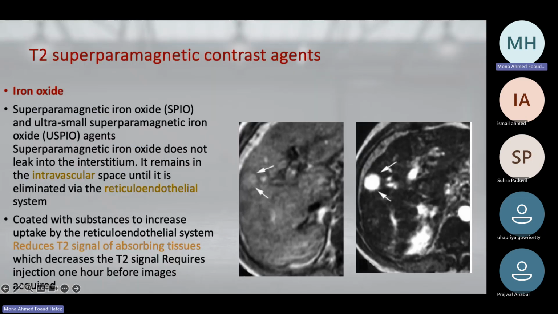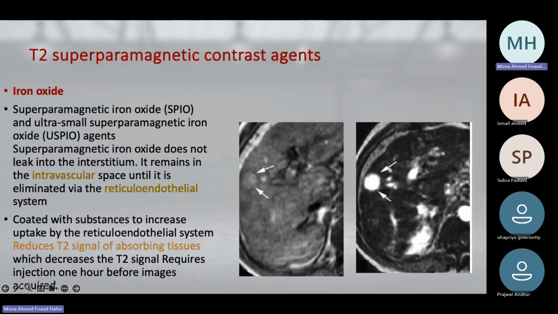The most commonly used agent in the liver for imaging, more than the hepatocellular agent, is the T2 superparamagnetic contrast. This is an iron oxide contrast, such as superparamagnetic iron oxide and ultra-small superparamagnetic iron oxide agents. As we said, iron has a superparamagnetic character.